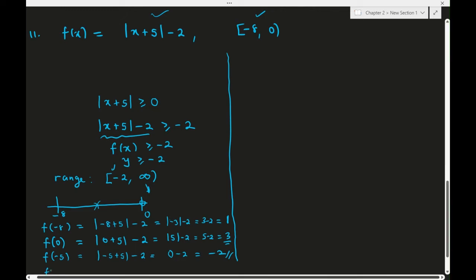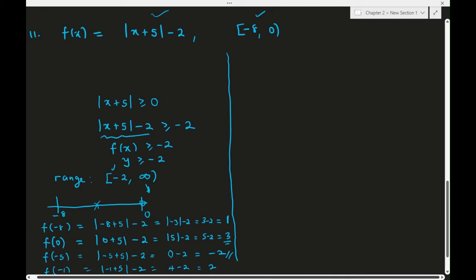Try another one. Let's try something even closer, say minus 1. This will be minus 1 plus 5, minus 2. This is 5, so this will give us 4 minus 2, which equals 2.